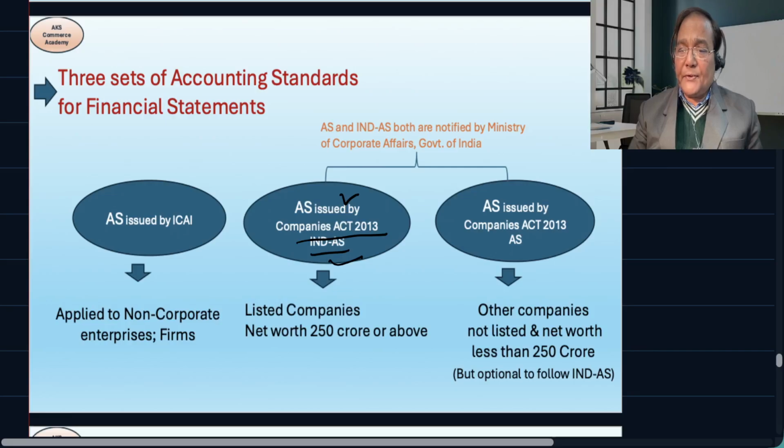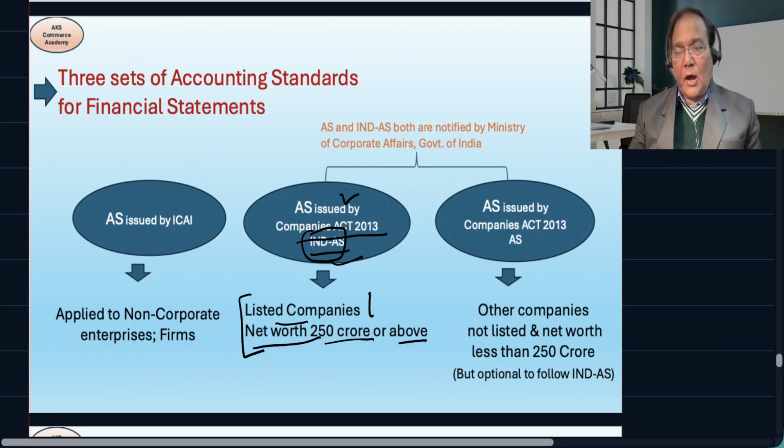Listed company means companies whose shares are being bought and sold in the Indian stock market, NSE and BSE. So they are called listed companies. Now net worth is 250 crore or above. If a company falls into this category, they compulsorily have to follow Ind-AS, which is issued under the Companies Act 2013.